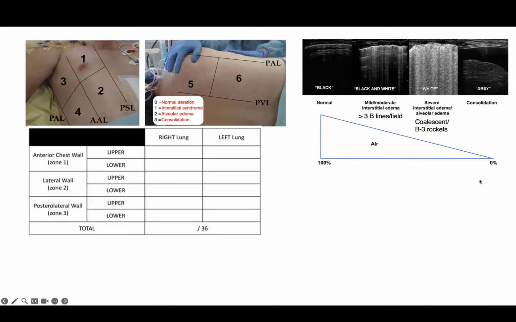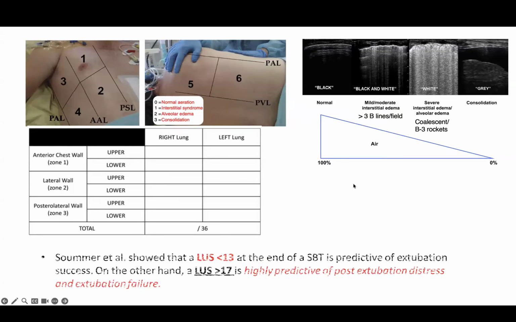So the one I was actually asking is about how you will assess each area. Here you have normal, then mild to moderate interstitial edema, that is more than 3 B lines per field, then severe interstitial edema or alveolar edema, that is coalescent B lines, and consolidation. The study by Soummer et al. showed that a lung ultrasound score less than 13 at the end of an SBT is predictive of extubation success.